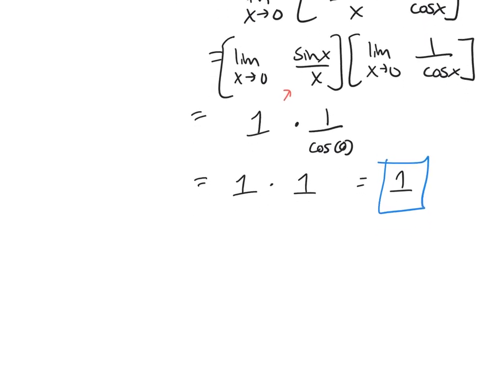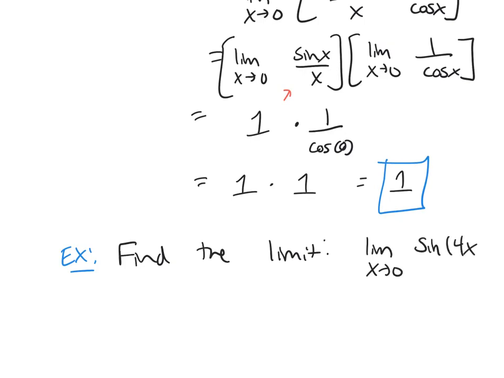Let's do one more. Let's look at the following limit. Let's find the limit as x goes to 0 of sine of 4x over x.